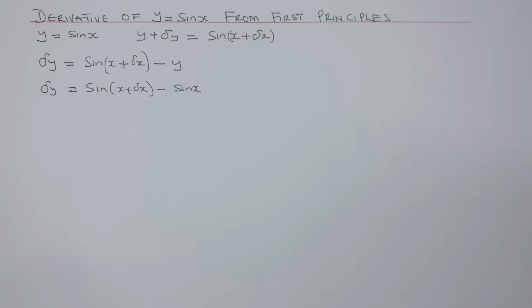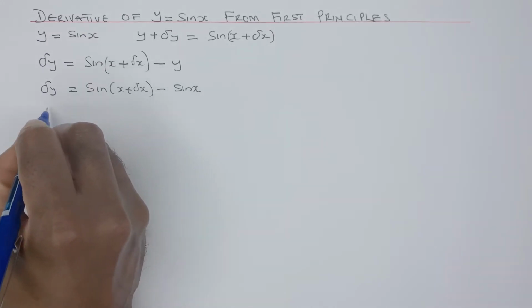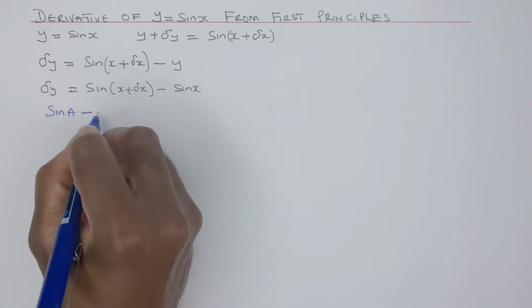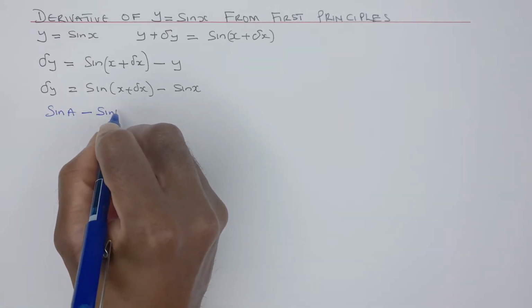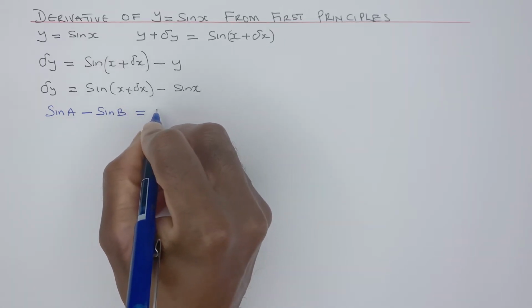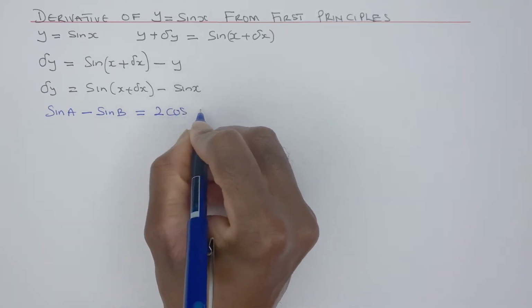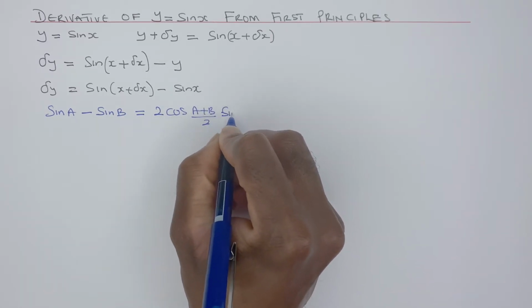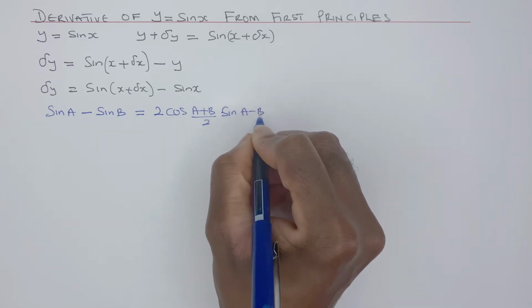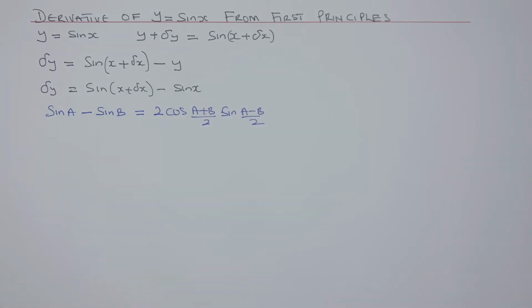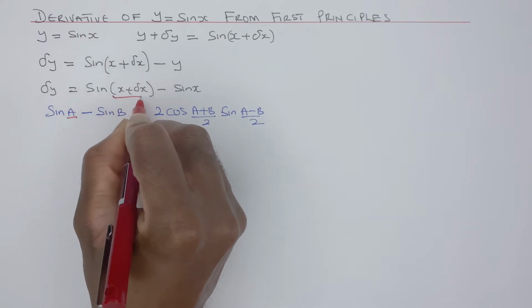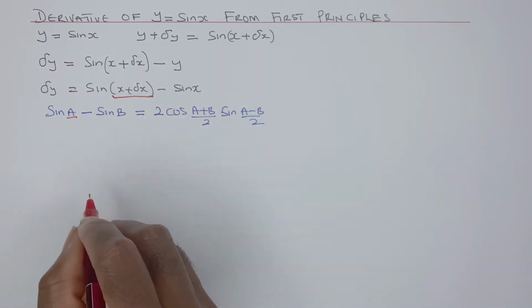In trigonometry, there's a trig formula which is sine of a minus sine of b, that be equal to 2 cos of (a plus b) over 2, sine of (a minus b) over 2, where the a here is equal to x plus delta x, and this is the b.